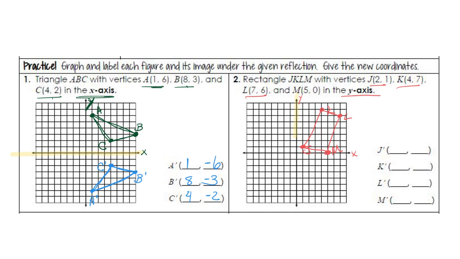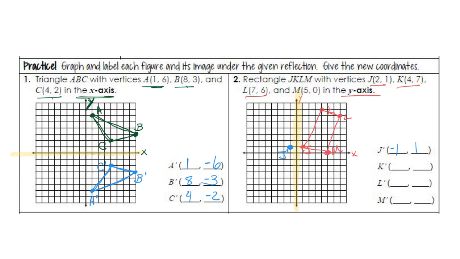So now J is over 1, up 1, but now we're just going to go the opposite direction, over and up. So the new J prime, or J first copy, is at (-1, 1).